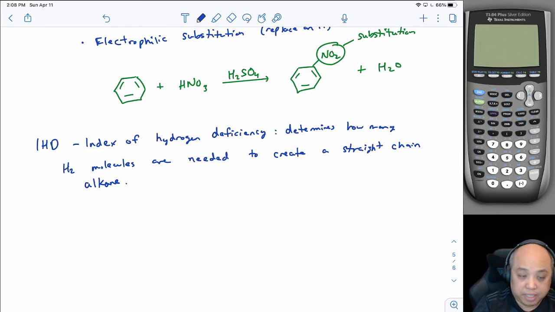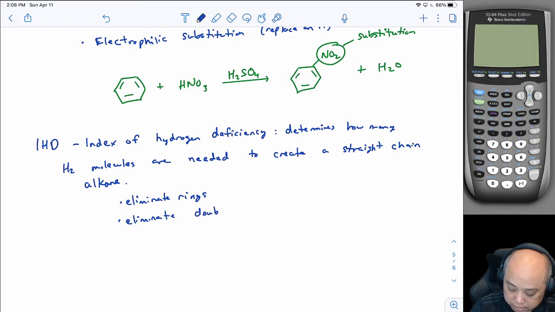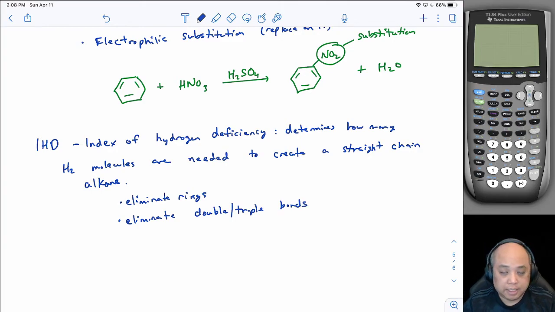So this would eliminate rings, and it would eliminate double bonds, double and triple bonds. Okay. So the IHD is used for that.